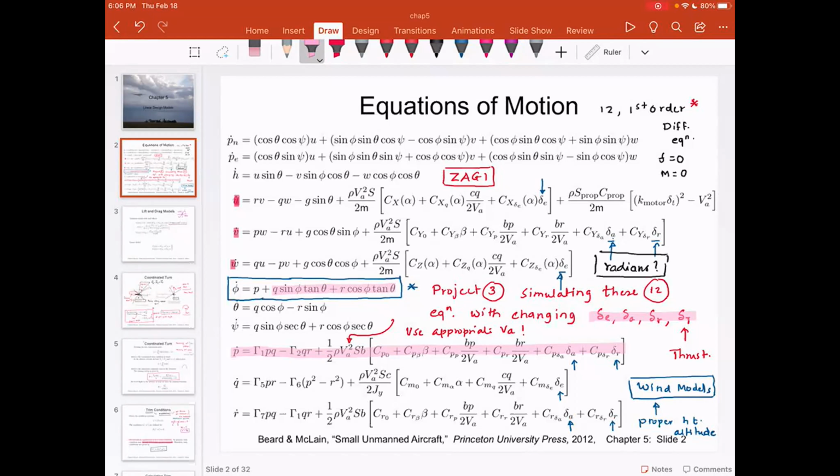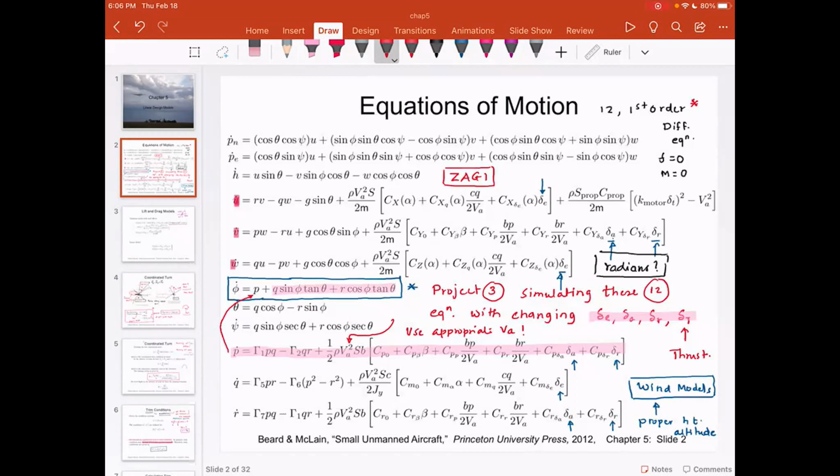Then this equation will be differentiated. When I differentiate this equation, please notice I'm going to get a phi double dot and I'm going to get p dot. But as soon as I get p dot, this equation for p dot can be substituted in this equation.